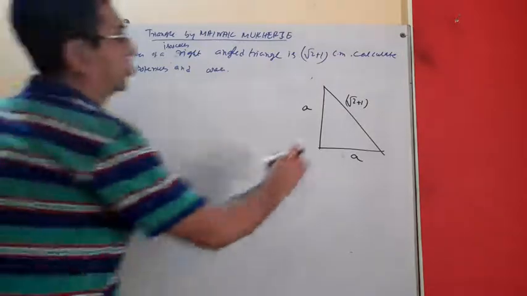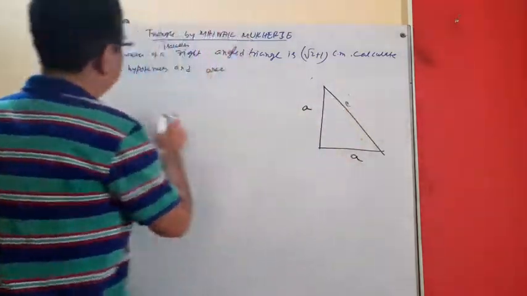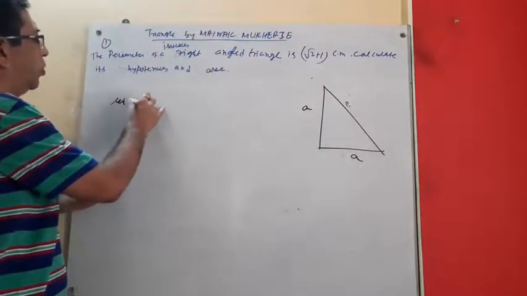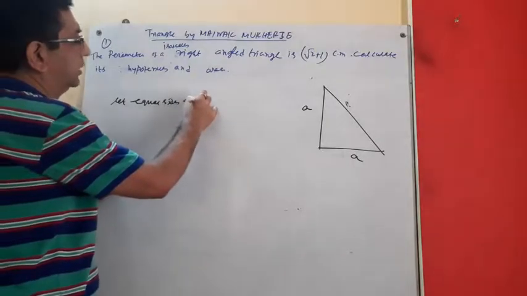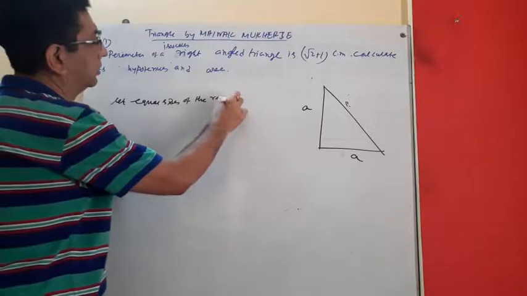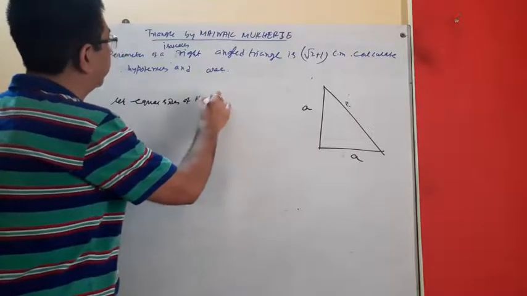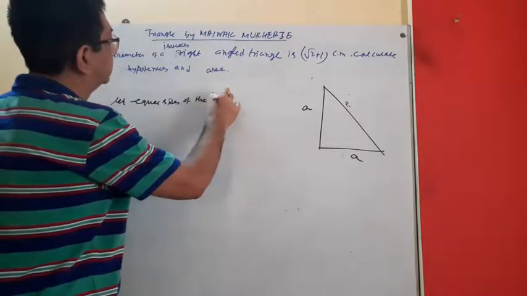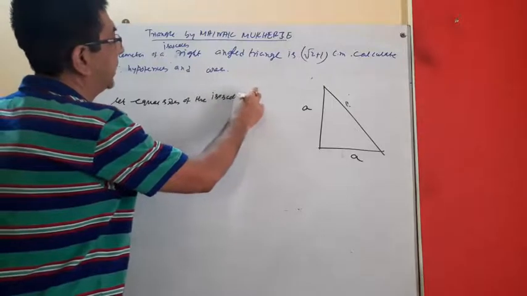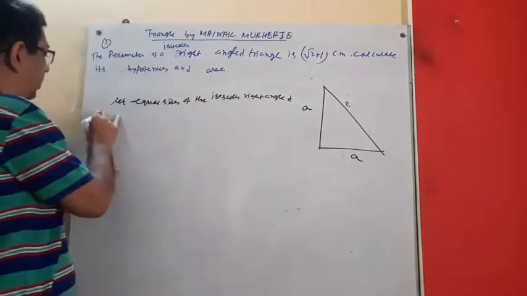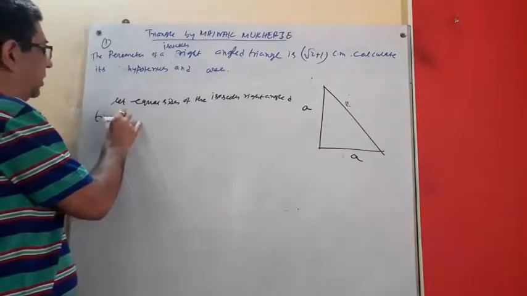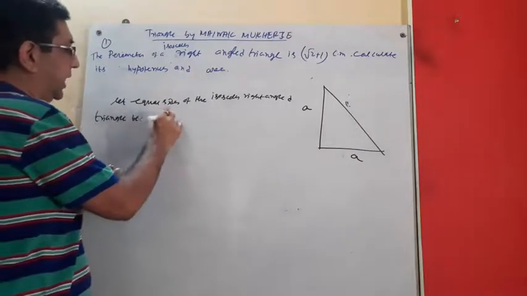Perimeter is given. Let the equal sides of the required isosceles right angle triangle be a.